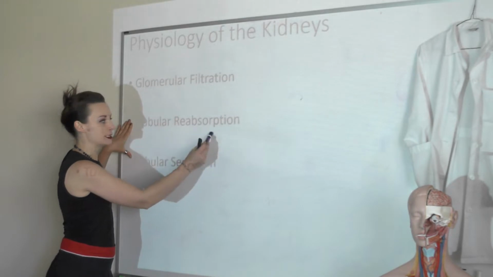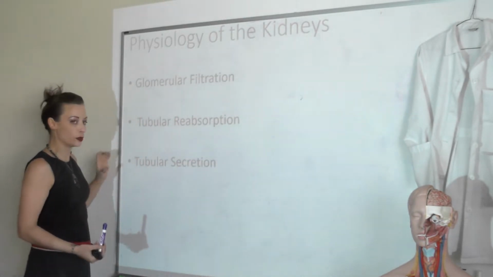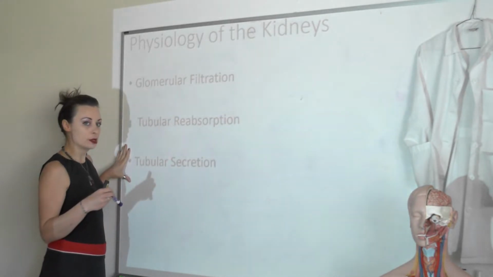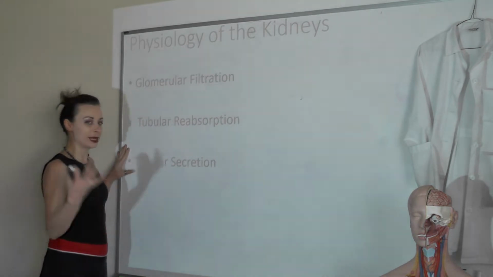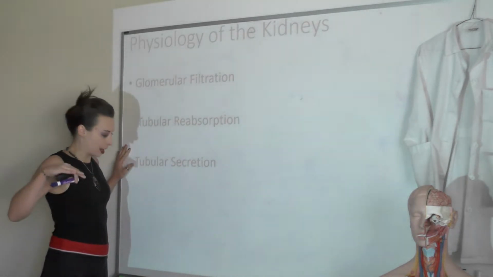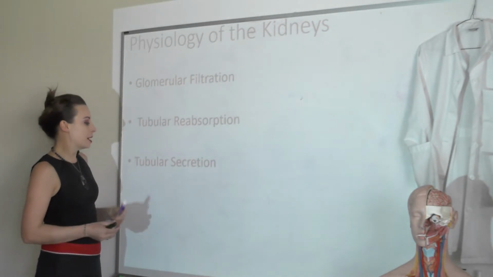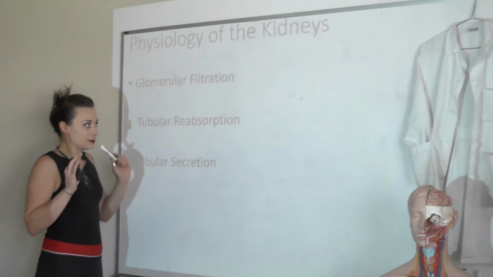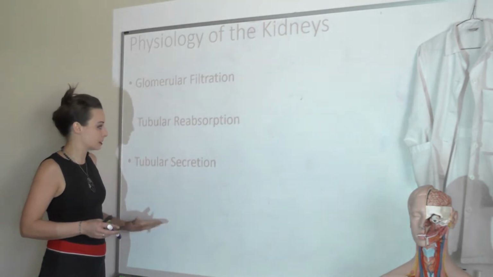So we'll reclaim things that we need and bring them back to the blood. And then we'll do tubular secretion also throughout the renal tubule. And what's happening in tubular secretion is we're pulling everything out of the blood that we don't want and concentrating it so that we can excrete it in our urine. So there's going to be passive and active transport processes going along throughout the entire system.